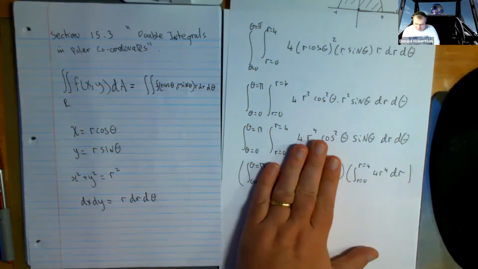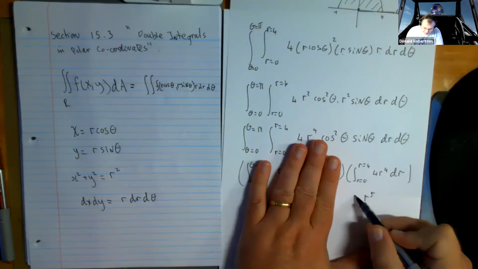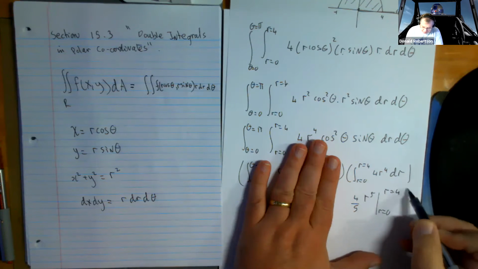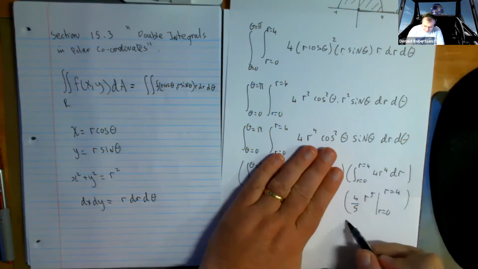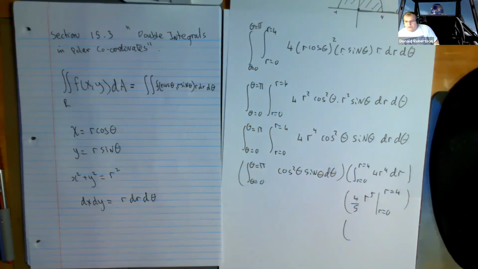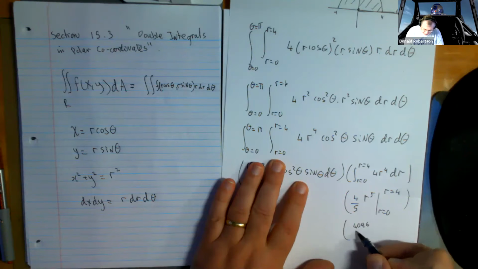Now, won't this one be a classic Calc 2 question, a power rule? Add 1 to the power and divide by the new power, and evaluate it at r equals 0 to r equals 4. Plug in 4: 4, 16, 64, 256, 1,024, 4,096 fifths.